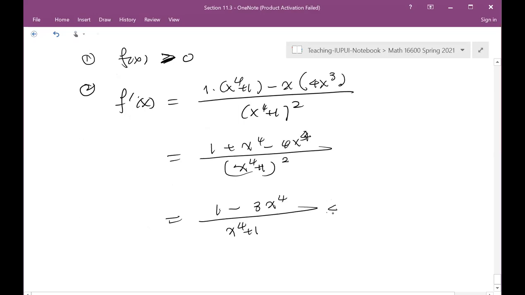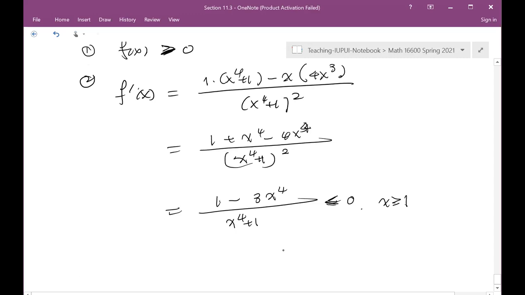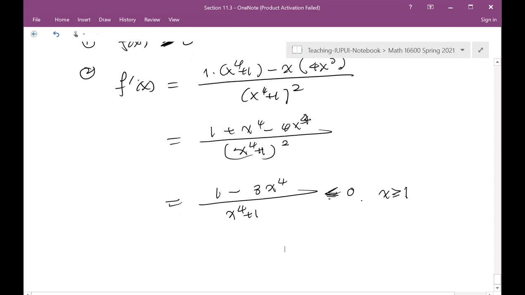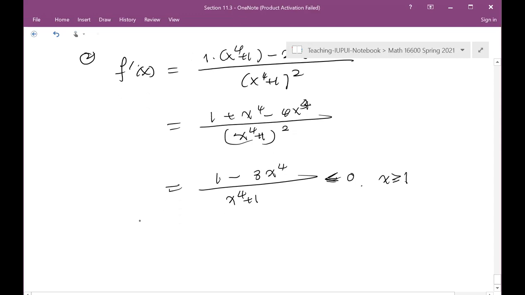I think it's definitely negative for x greater than or equal to 1, right? Because the second term is minus 3x to the fourth power, so it's much less than zero. So if the derivative is negative, then this is a decreasing function over the interval.